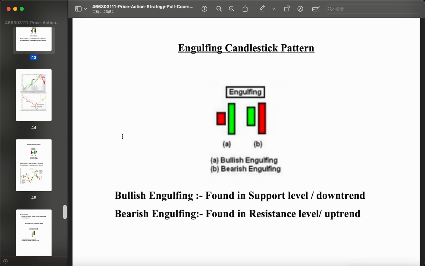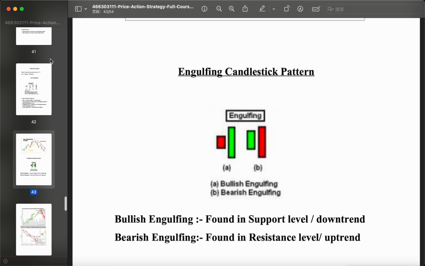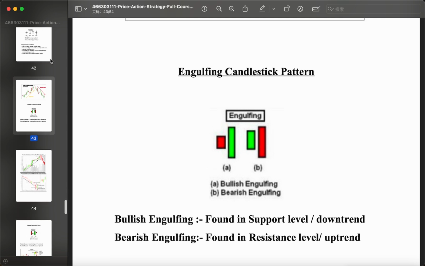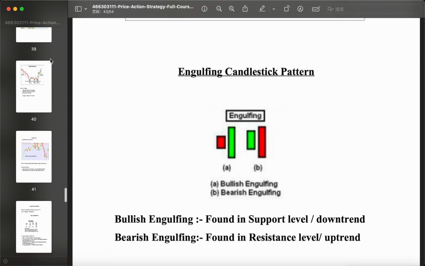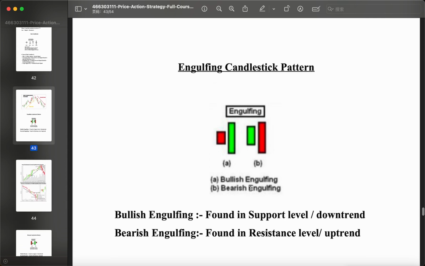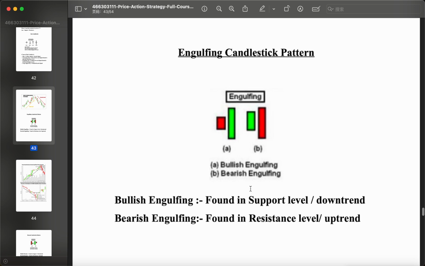So that's for today's video. We still have a little bit left to really understand the entire section of price action strategy.